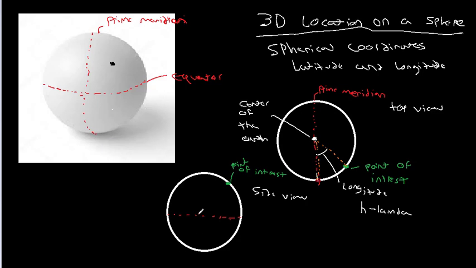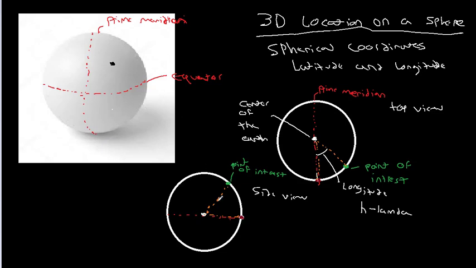Right, so again, we have the center of the Earth here, and we have the point where the equator touches the surface of the Earth. So to get the latitude, all we have to know is the measure of the angle created by the point of interest, the center of the Earth, and the place where the equator intersects the surface of the Earth.